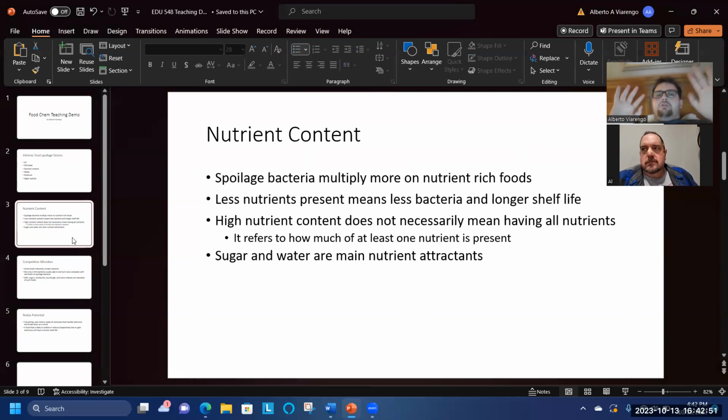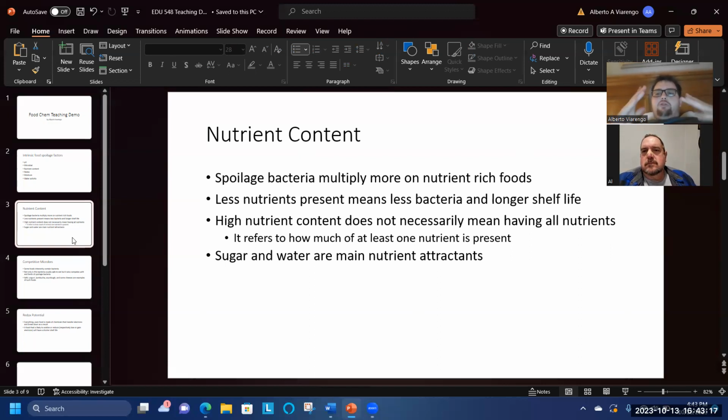Now, nutrient content: the more nutrients there are in foods, the more spoilage bacteria are going to multiply. Once they get on the food, they pick out all the nutrients present in the food meant for us. And as such, they spoil the food, causing mold and decomposition, foul odors, and so on. Sometimes poison production, depending upon the type of bacteria present.